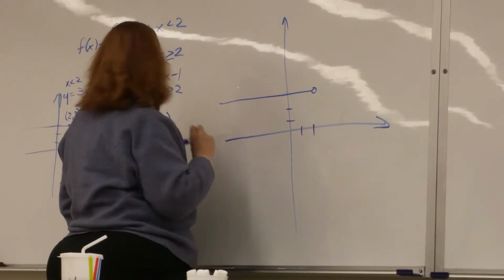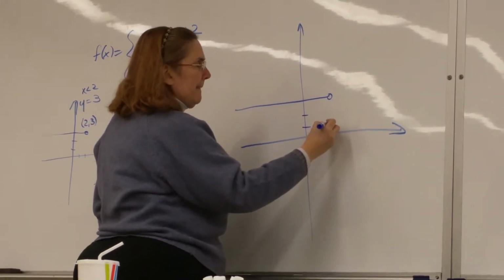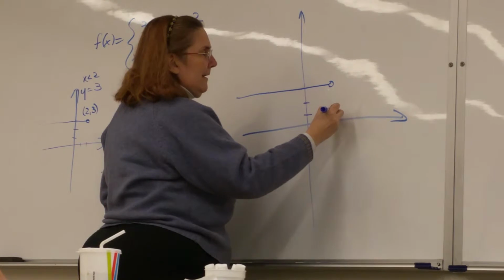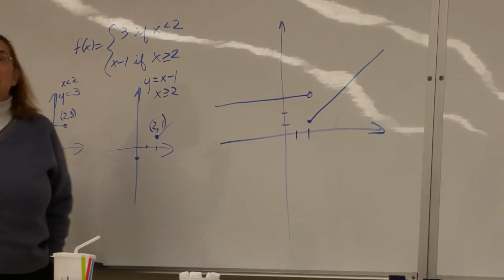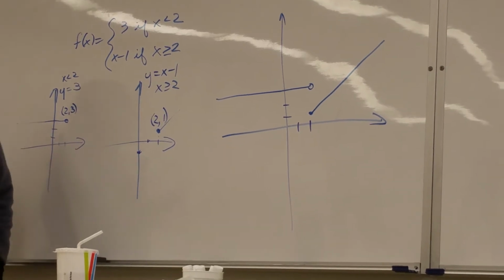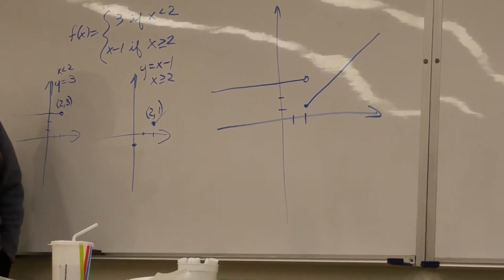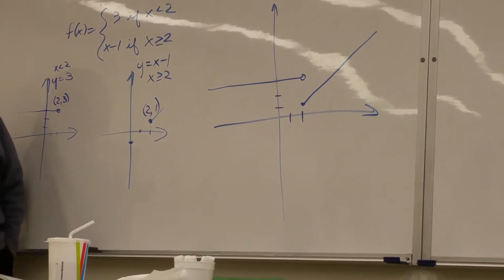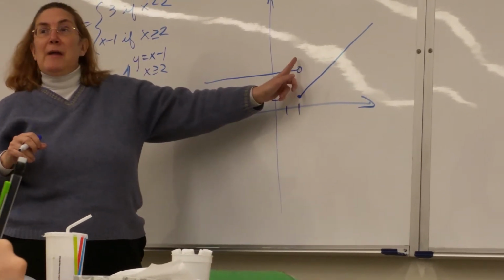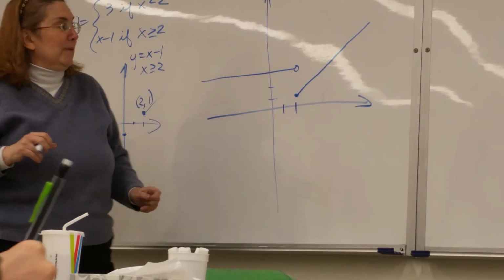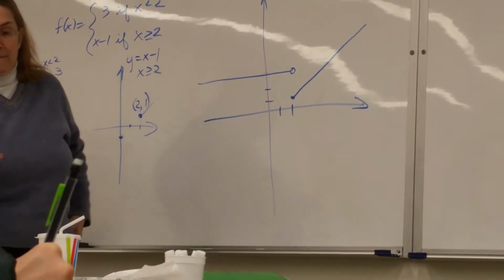Piece of a horizontal line, and a piece of a slanted line. Does it pass the vertical line test? Yep. Even at 2, does it pass the vertical line test? Yes, because one point is included, but the other one is not. So it does pass the vertical line test.